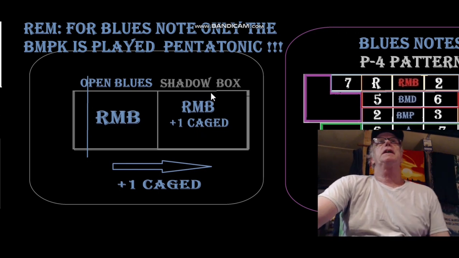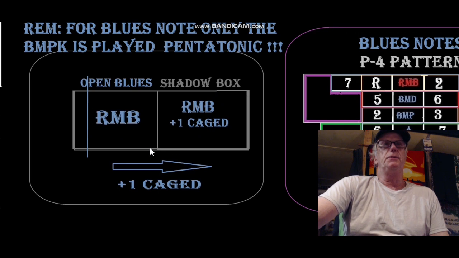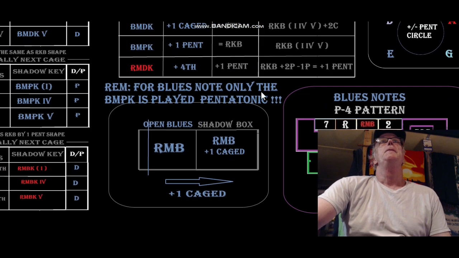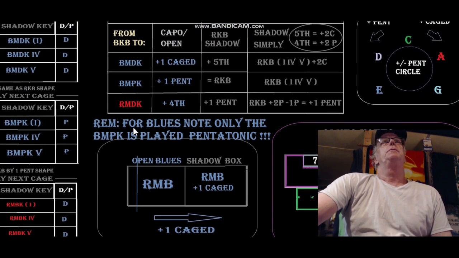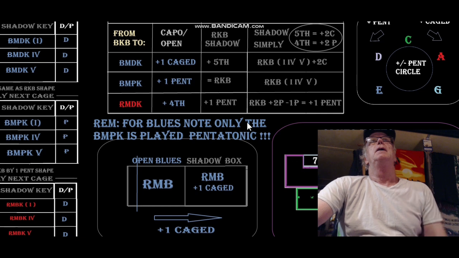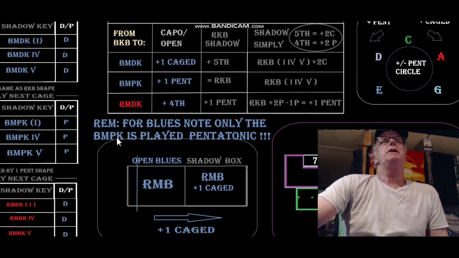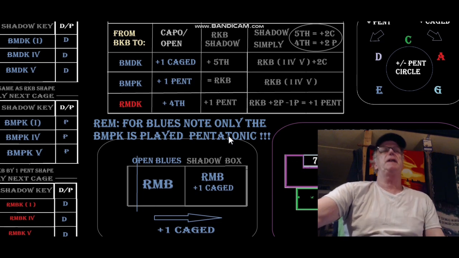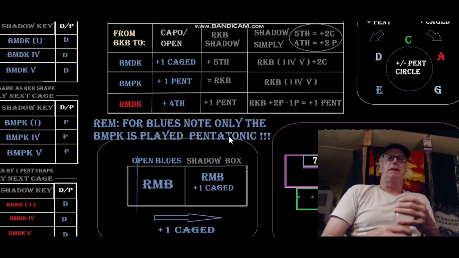So we've got the next cage up, but keep in mind, this is after the blues transformation. It's not in the root key of the blues. Also remember, for the blues note, you want to hit that blues note properly. Only the blues master pent key is played pentatonic. I found that out today. I couldn't believe it.